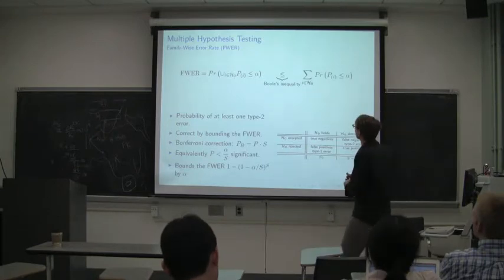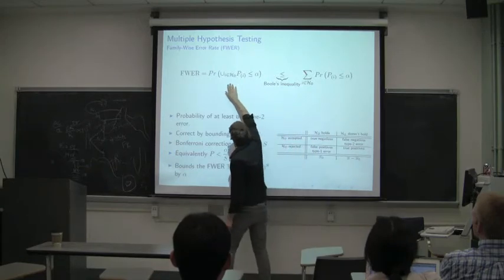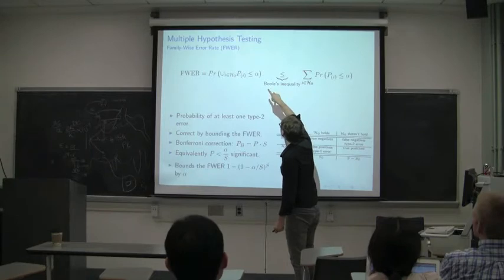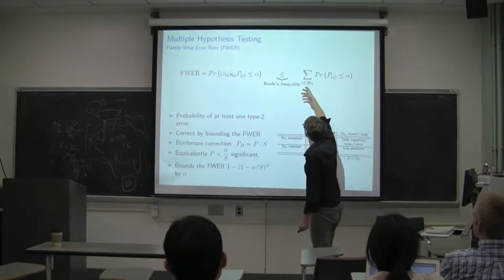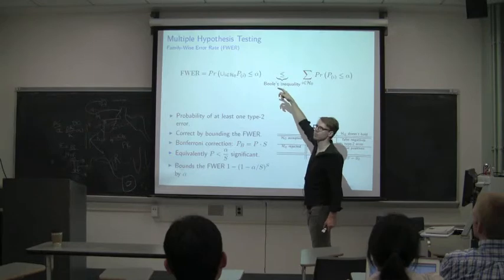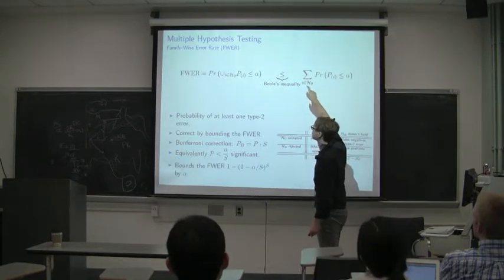And how can we show that? Well, we just plug in Boole's inequality, basically. So this is a union of events, right? Of course, the probability of a union of events is smaller or equal than the sum of all the probabilities of the individual events.